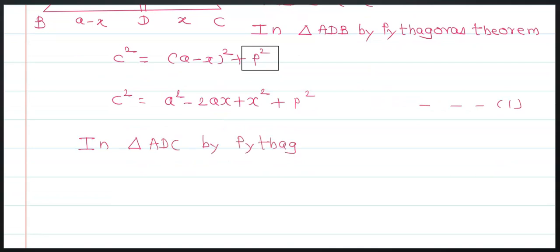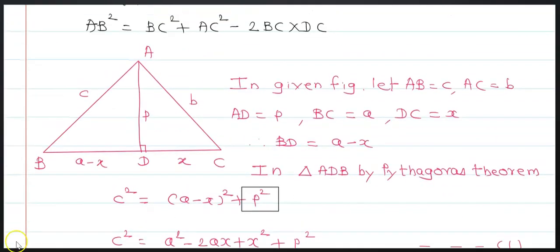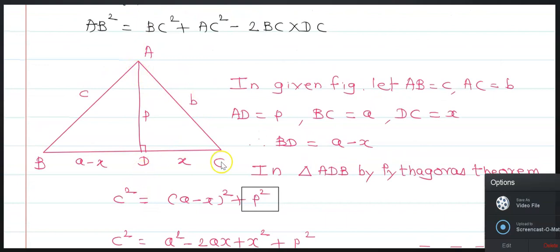Now again, in triangle ADC by the Pythagoras theorem, AC square is equal to AD square plus DC square, that is b square is equal to p square plus x square.